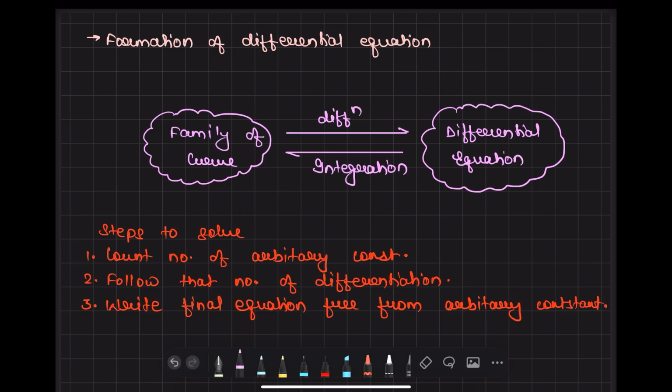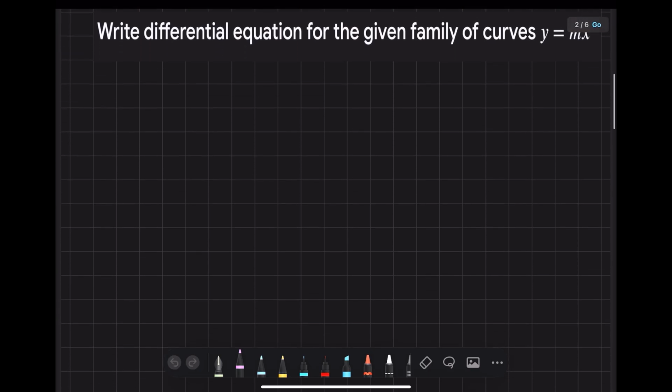Now for example, let's take some situations. Write the differential equation for the given family of curves y equals mx. So we got this situation, y equals mx. Now you know that x is the independent variable, y is the dependent variable, and we have one arbitrary constant, this m.